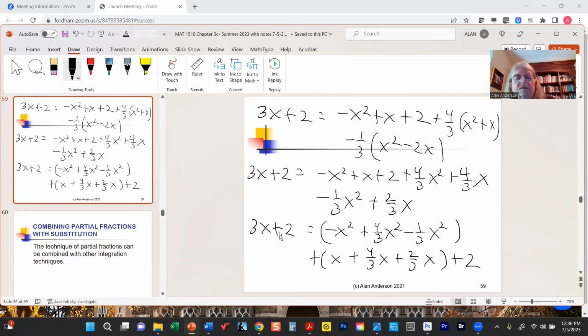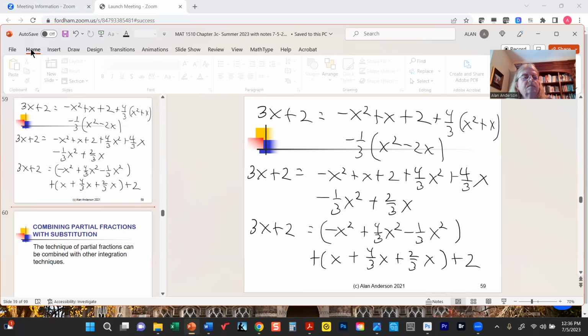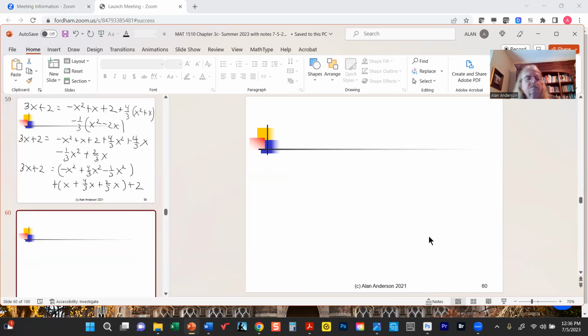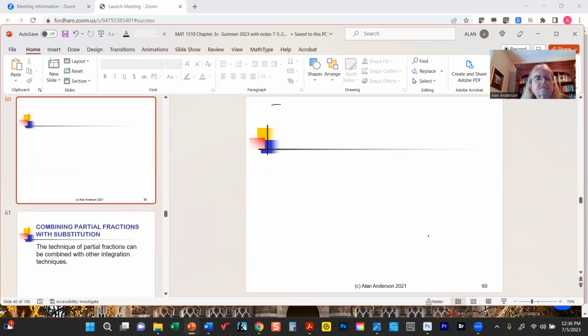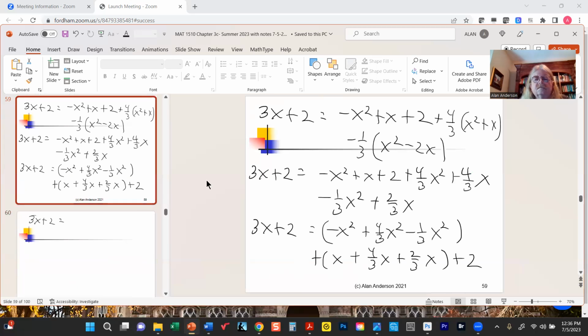All right, so we're so close. Now, these, negative x squared plus 4/3 minus a third, all of this is 0.